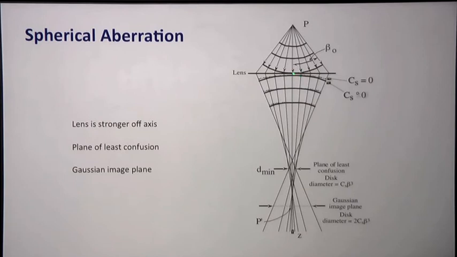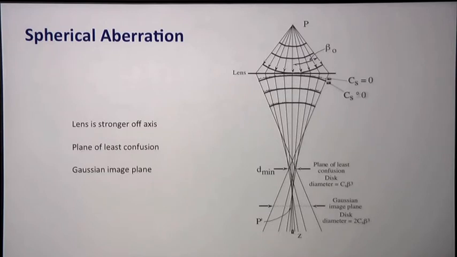What it means is that your lens, instead of having the same ability to bend rays all the way away from the axis, is actually stronger the further you go away. And the reason it's called spherical is because if you make a glass lens in the form of a sphere, that's exactly what happens. The rays that are far away from the optical axis get bent stronger than the rays in the center, and that causes distortion, and so you end up with a lower resolution image.